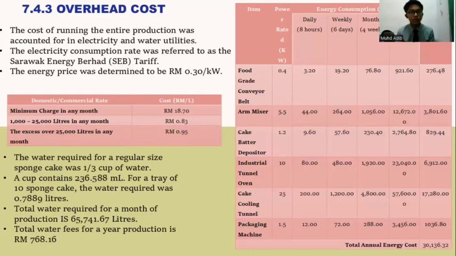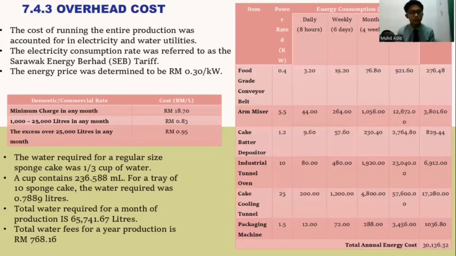A cup of water contains about 236.55 milliliters. For a tray of 10 sponge cakes, the water required was 0.7889 liters.